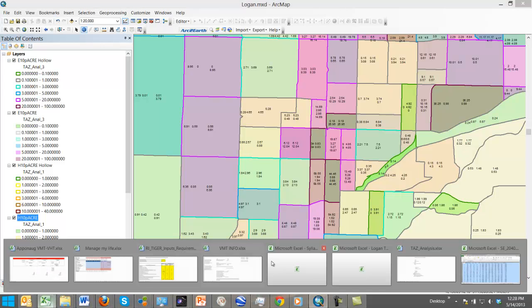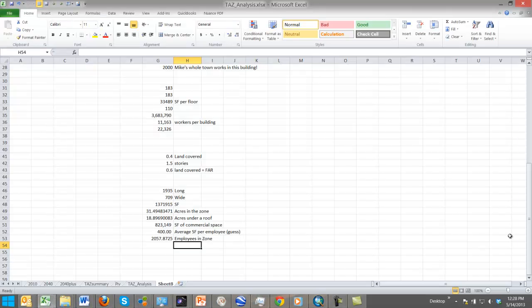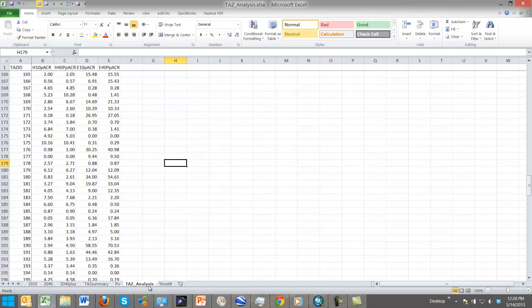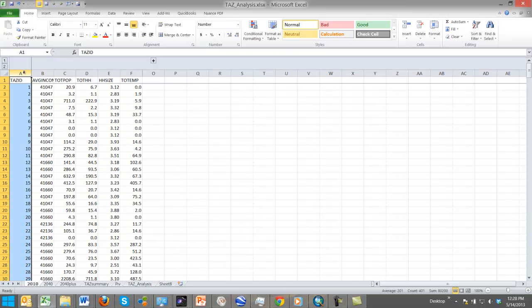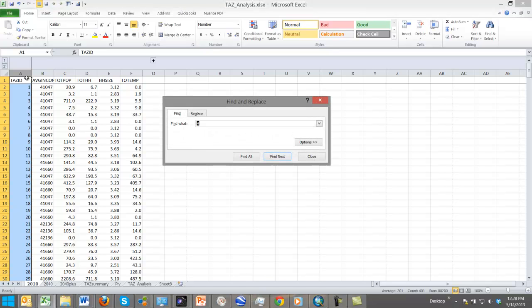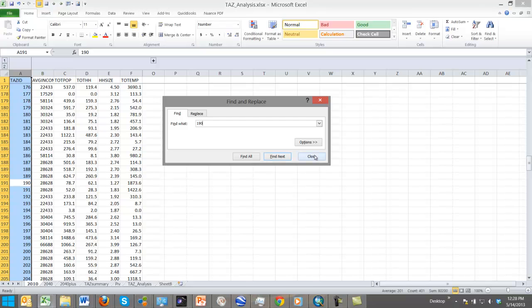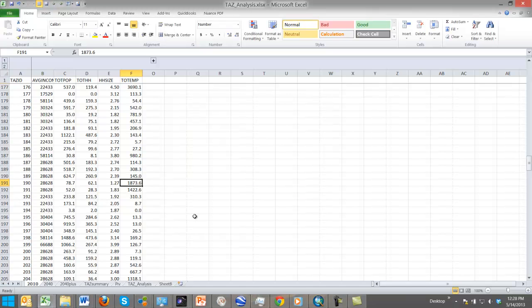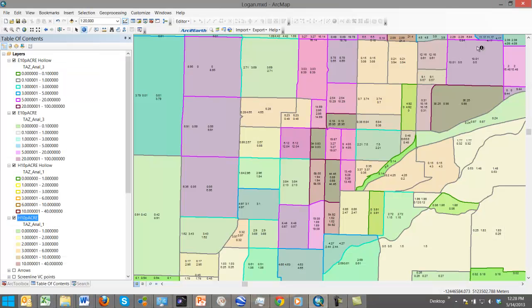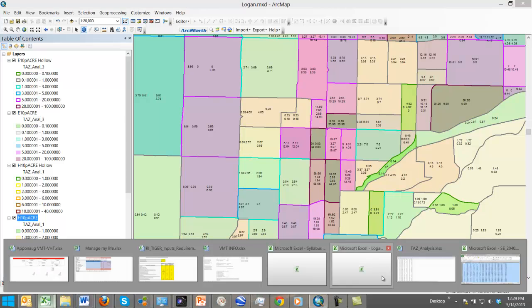So I'm going back to my original spreadsheet and going to go to 2010. I'm going to do Control F. That helps me search. I'm going to look for 190, find, and close 1873. So let's see how close I was. That was a pretty good shot.